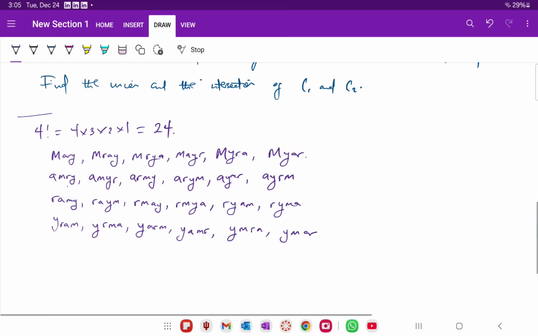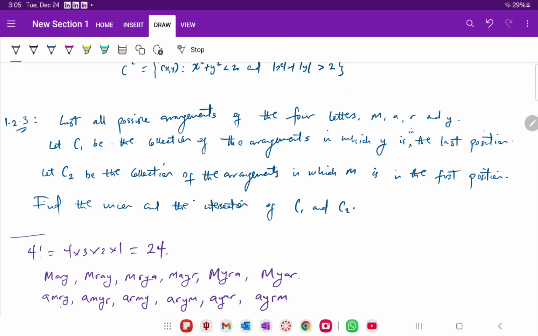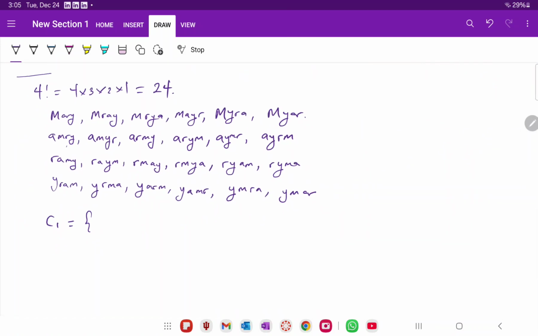Then we have C1. So C1 here is the collection of the arrangements in which Y is in the last position. So Y in the last position, we have this, we have this, we have this.